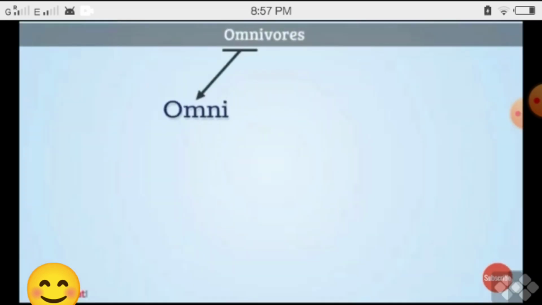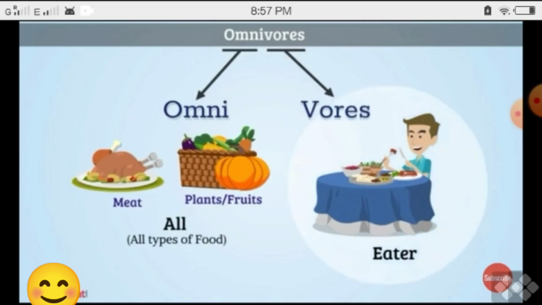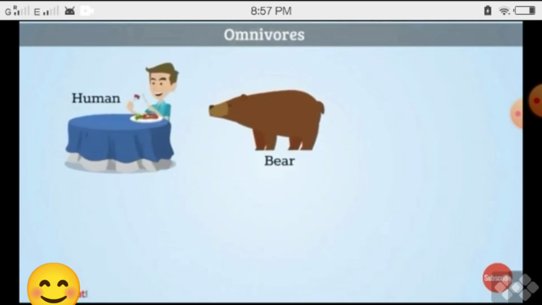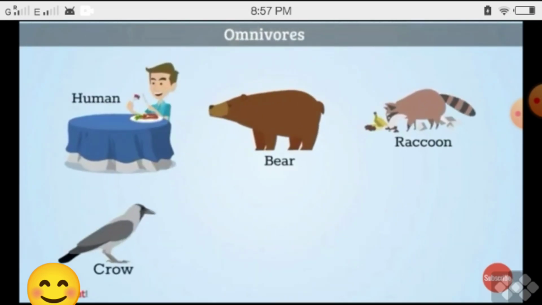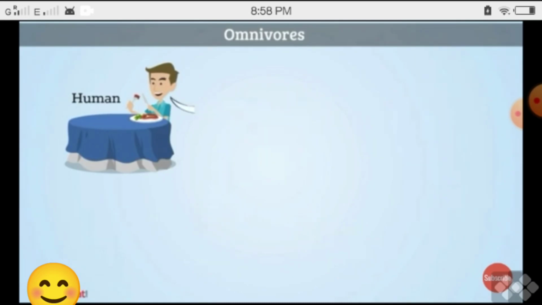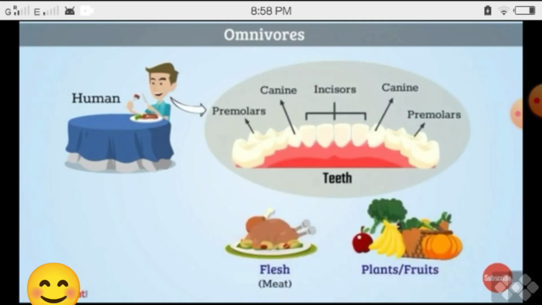Omnivores. Omni means all and vores means eaters. The animals which obtain their food from plants as well as other animals are called omnivores. Example: human, bear, raccoon, crow, chicken, lizards, rats, etc. They have different kinds of teeth which help them to eat plants as well as flesh.